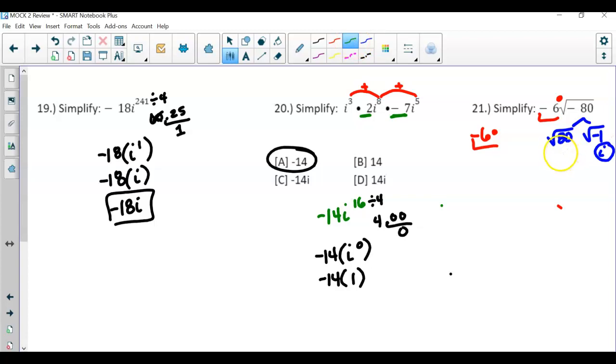I can now break 80 apart into 16 times 5 because the square root of 16 is 4. So I've got 4i radical 5. But don't forget, we still need to multiply by negative 6. So negative 6 times 4 is negative 24. So negative 24i radical 5.